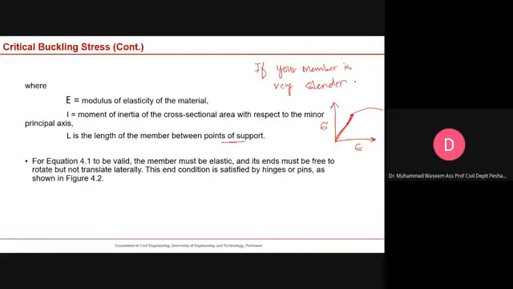For slender columns, the critical stress, or the stresses that will be generated in the member, are elastic.